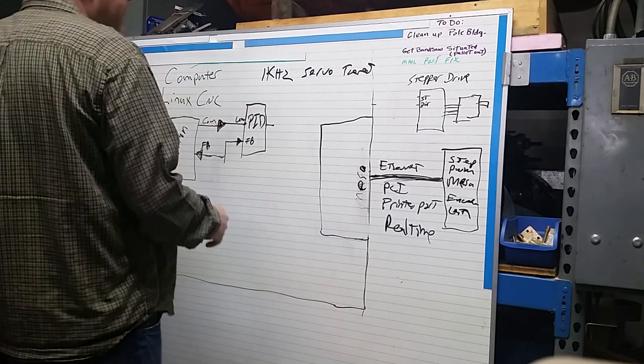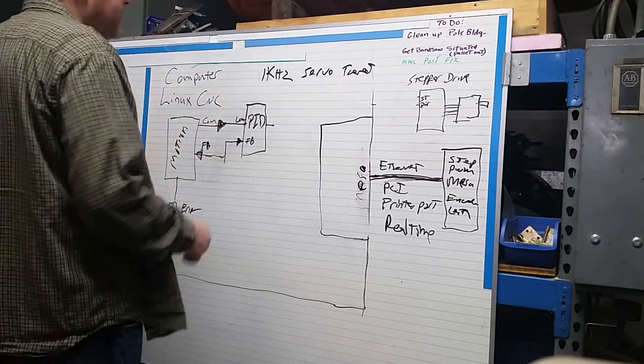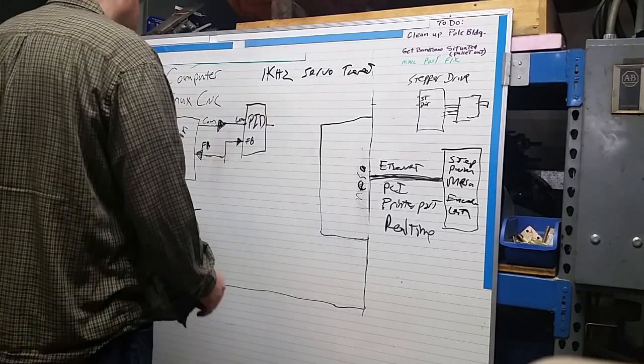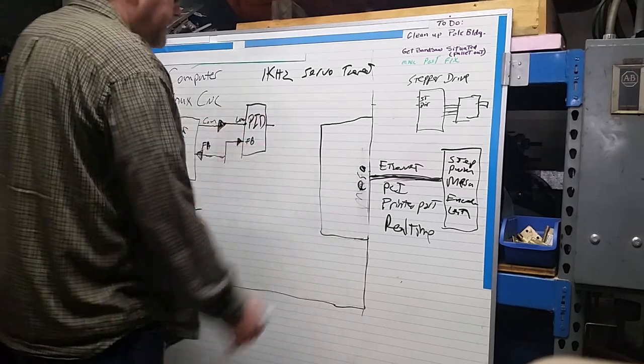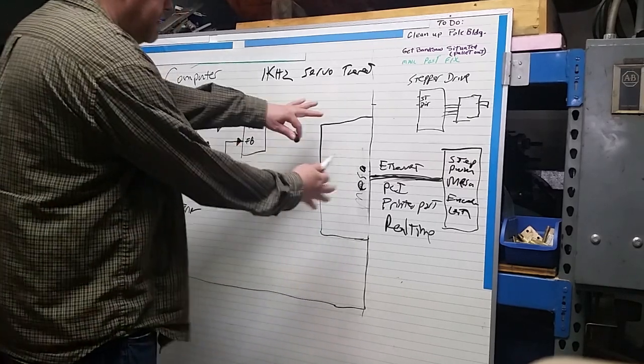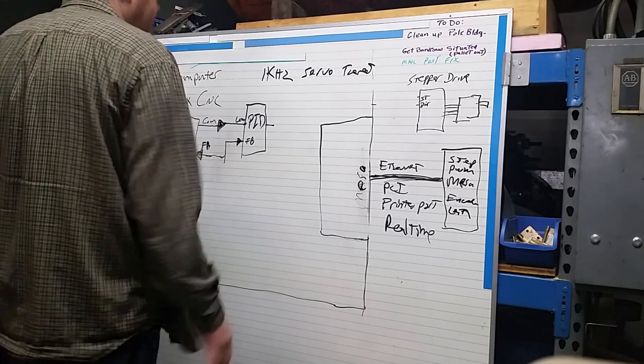So now the computer only needs to be running a 1 kilohertz servo thread that runs the motion and the Mesa hardware, or Mesa software part in the computer.